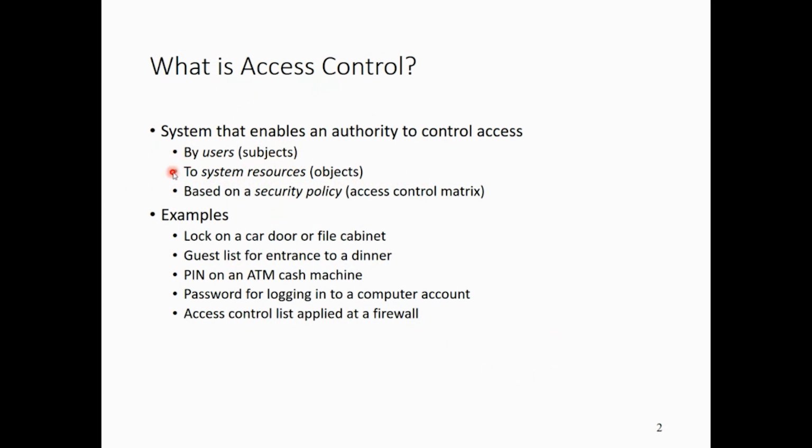Then we have the security policy, which means how these users should interact with these resources. We will see in a bit an access control matrix, where you can define that user X can read, write or delete some file from a system resource. So this is the general definition of access control.